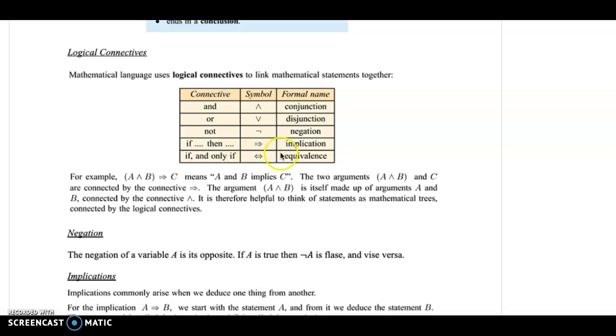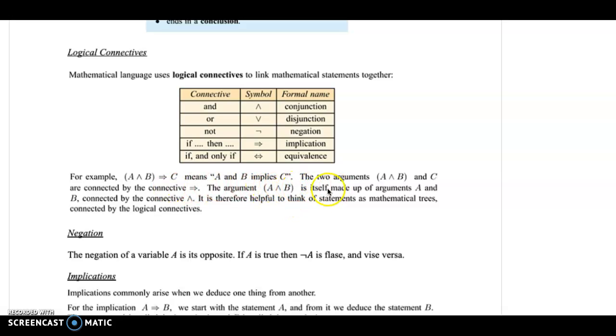If and only if is the statement that can work in both directions, whereas this is working in one direction. Equivalent means it's true going left to right, and it's true if you reverse it, saying B implies A, if B then A. That would then be an if-and-only-if kind of statement, right? So that gives a little bit of an explanation of these connectives here.